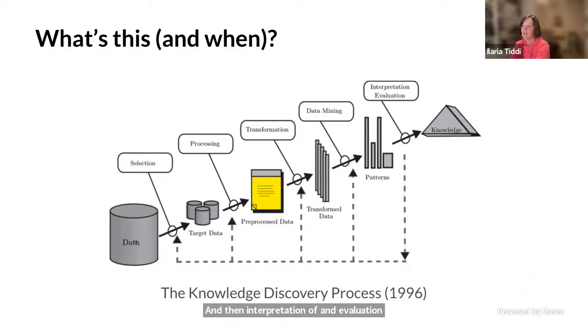So in every step you do, you transform your data little by little. First you identify relevant information, then you pre-process your data, you transform them into something that you give to a data mining algorithm, and then you come up with patterns that then need an interpretation and an evaluation in order to become knowledge.